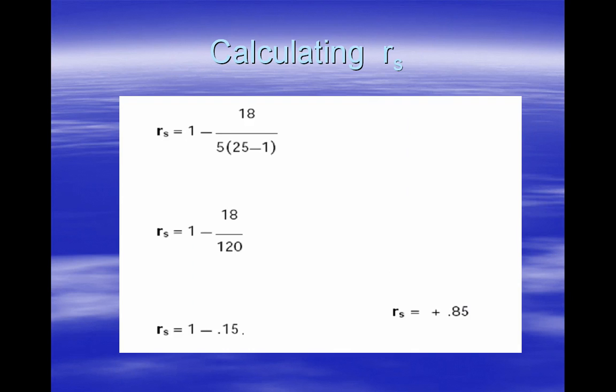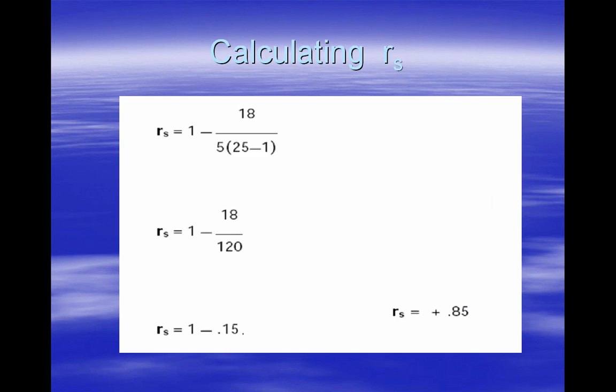6 times 3 is 18. And then 5 times 25 minus 1 winds up to be 120. So it's 1 minus 18 over 120. If you change that to a decimal, that's going to wind up to be 1 minus 0.15.